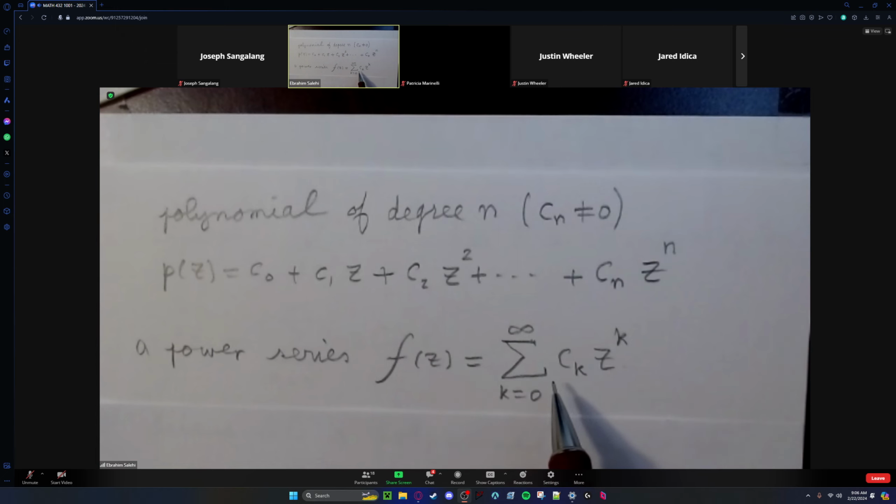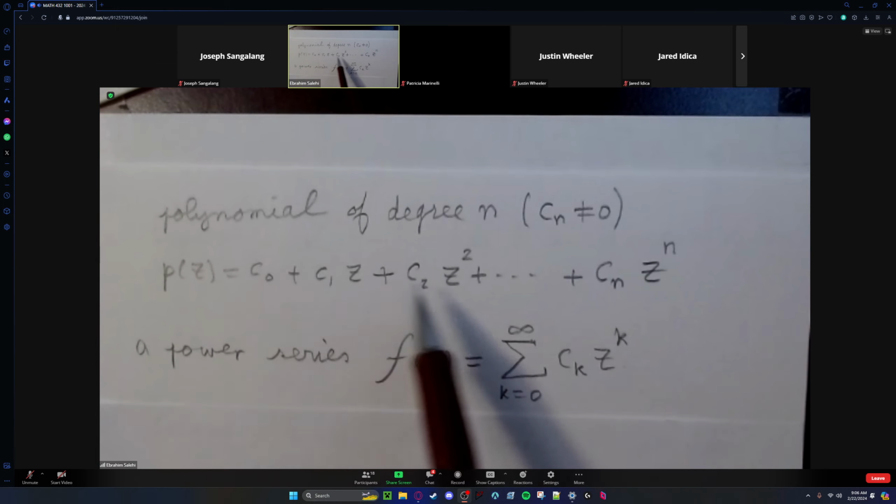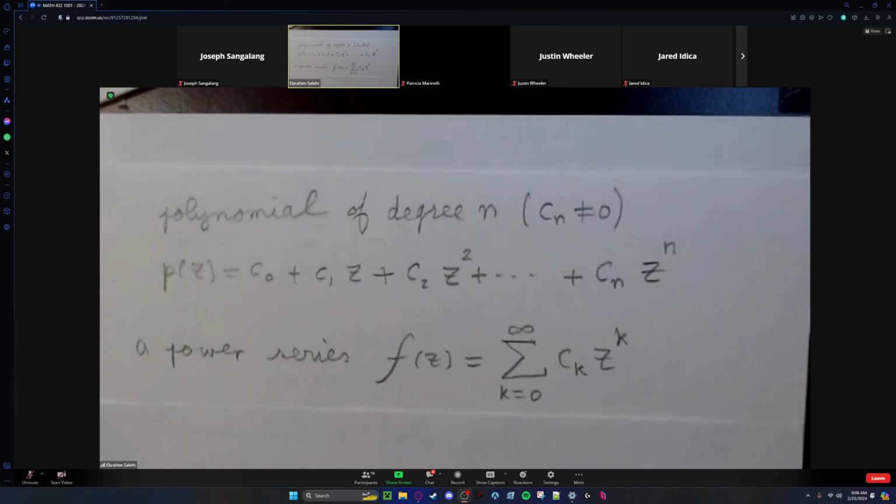This polynomial makes sense for all z's. But here, for certain z, this might diverge. We don't like this to diverge and give us infinity. For this one, we need to work in its disk of convergence, all right?